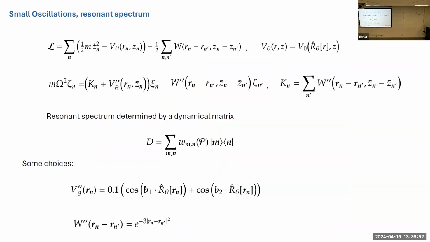Now here is the Lagrangian for that system: a kinetic energy, the potential, which is twisted, and a coupling. In the regime of small oscillations, we have an equation, which is an eigenvalue problem for the resonant frequencies. My talk will not be at all about what this term does or what that term does.